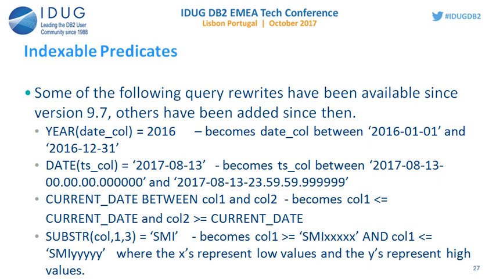And if you have a literal between 2 columns, in the past that couldn't be indexable because you have 2 different columns, but now that'll be rewritten as the literal, such as current date, is greater than or equal to column 1, and column 2 is greater than or equal to current date. And then if there's an index on either column 1 or column 2, DB2 could use it. Substring at the beginning of a column also becomes a greater than and a less than.